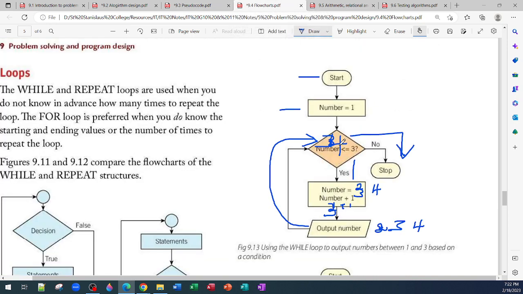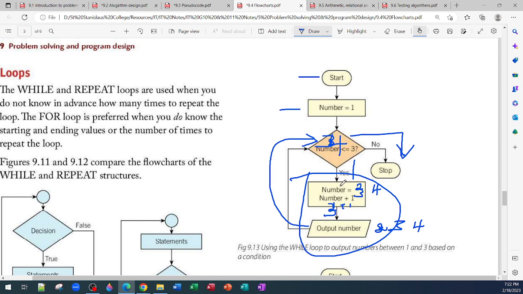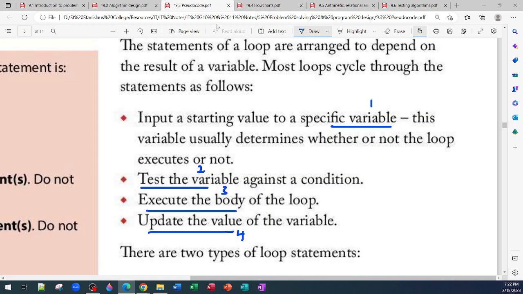After we finish the test, this is the body here. So that's 2, that's 3. And then we have to update the variable. Notice the update is here. So we have all 4 components that make up a loop: the variable, testing the variable, the body of the loop, and updating that variable.